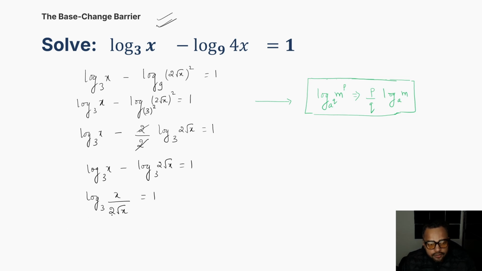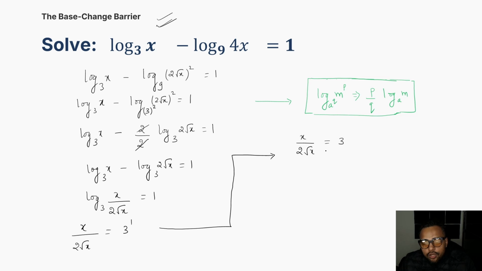After doing it further, on expanding it in exponential form, we'll get x by 2 root x equals 3 raised to the power 1. Now I'll be solving it here. So what we are left with is x by 2 root x equals 3.